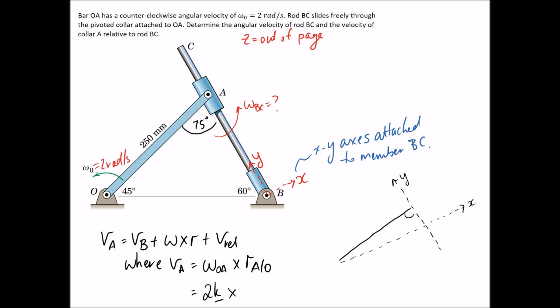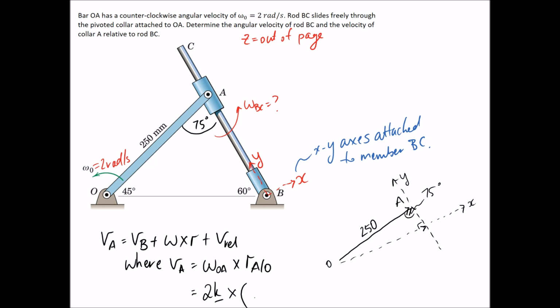This angle in here is going to be that 75 degrees, and that's a right angle, since our axes are 90 degrees to each other. This is a 250 millimeter long length. All we need to do is work out what this is in terms of our x and y axes. This was O, this is A. We want the radius of A relative to O, so the arrow goes that way, in vector form. Let's write this out.